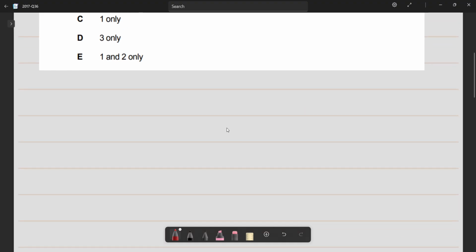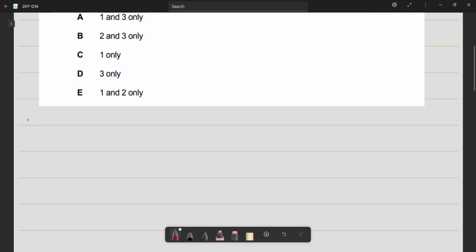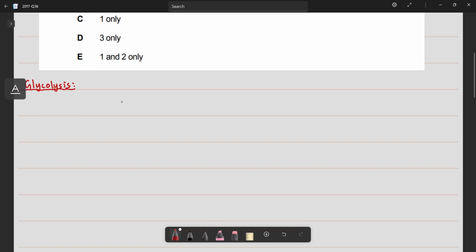So first we have to recall the basic definition for these reactions. So first one is glycolysis. Okay, so glycolysis, the simplest definition we must know is that glycolysis is basically converting glucose into pyruvate.